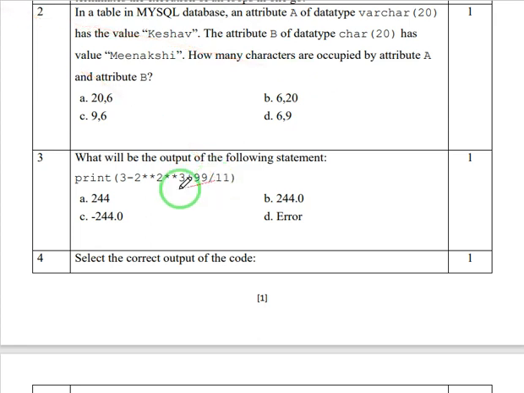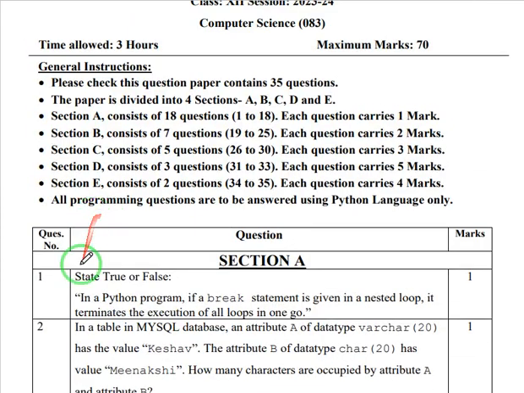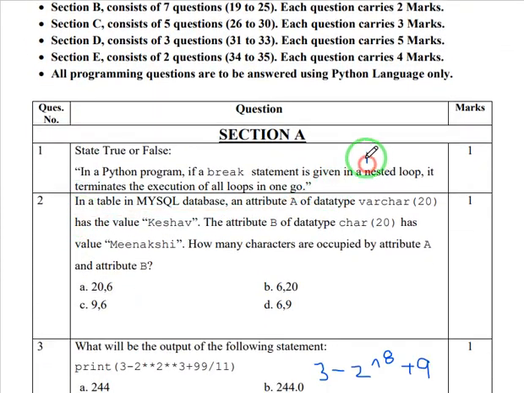Let me draw this for you. We can write this as 3 minus 2 to the power 8 plus 9, and this is 12 minus 256, which is the same as negative 244. So this is the answer for that. And here it's going to be false.